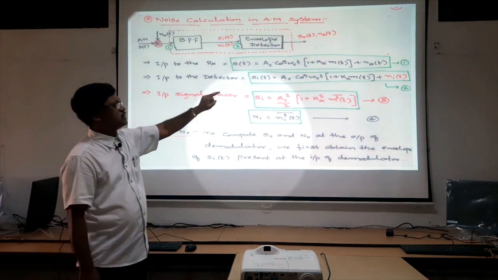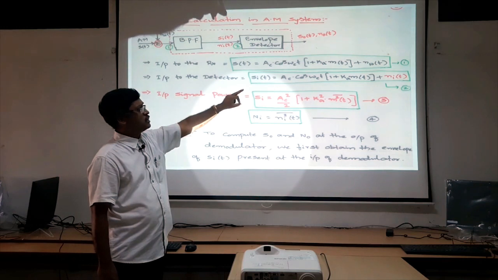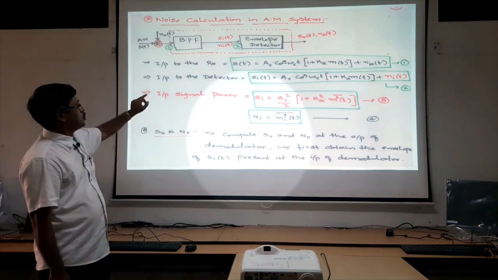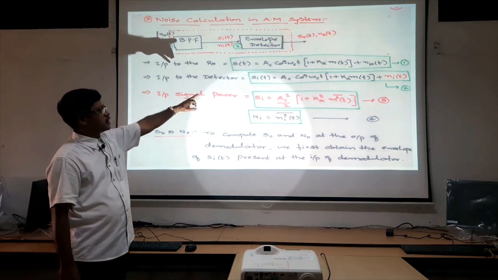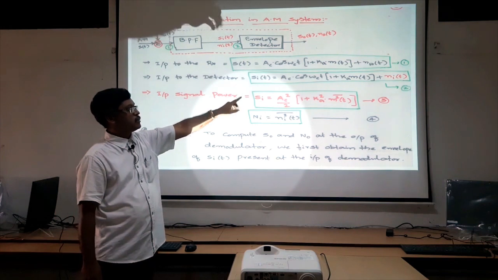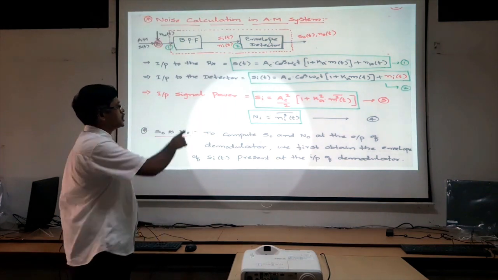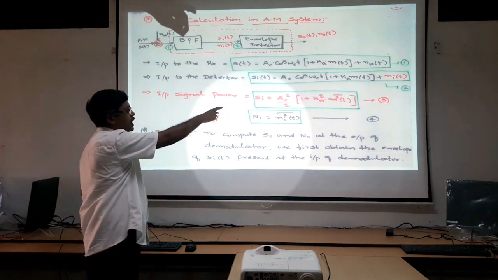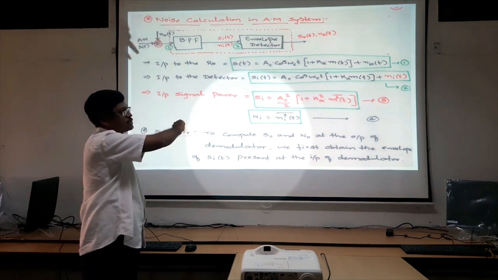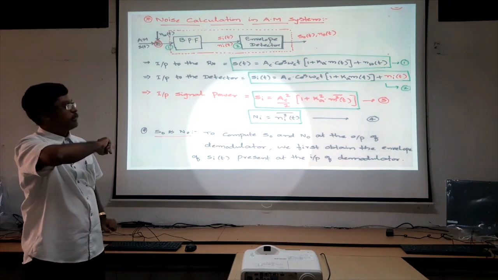The noise is the white noise defined as nw(t). So the input to the demodulator or detector is Ac cos(omega_c t) into (1 + ka m(t)) plus the band pass noise Ni(t). That means equation 2 has two terms. The first term is the signal component and the second term is the input noise or band pass noise.